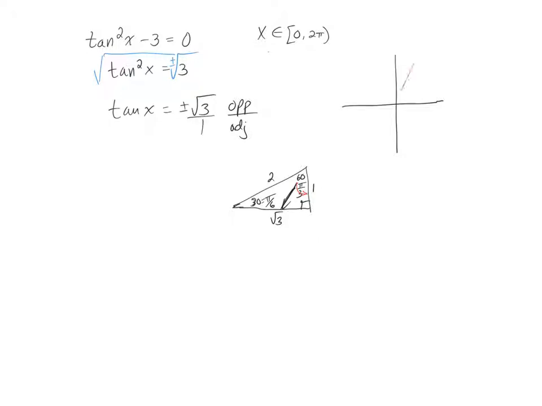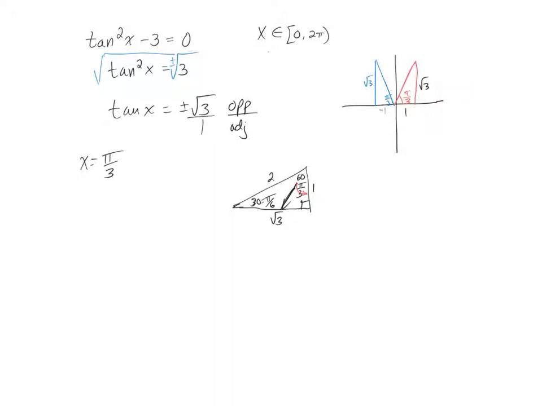So if we think about being in the first quadrant, that of course is just going to be pi over 3. So we can start making a little list of our solutions here. X equals pi over 3. And in the second quadrant, oh, by the way, that's of course a positive tangent value because it would be root 3 over 1. In the second quadrant with a reference angle of pi over 3, we'd be looking at this triangle where that's pi over 3. That, of course, is root 3.